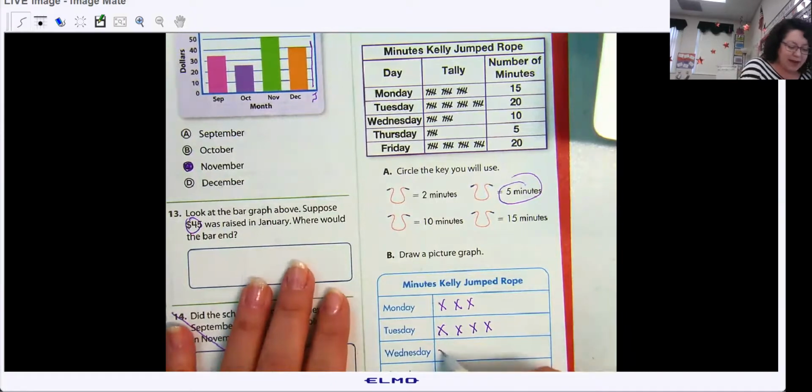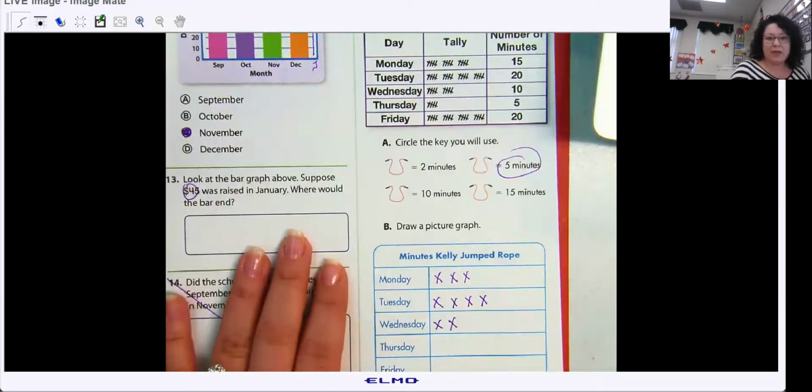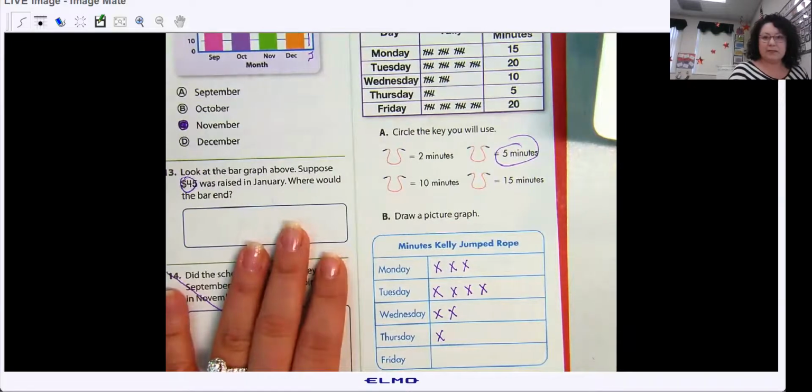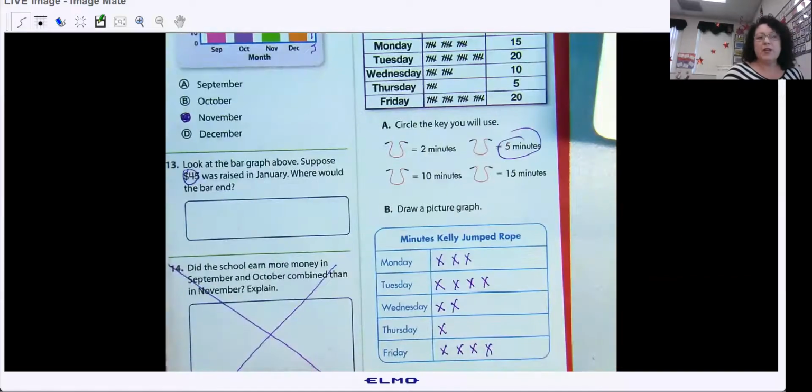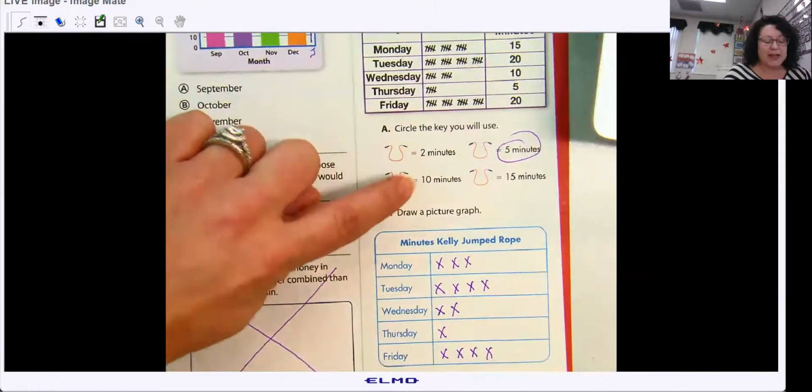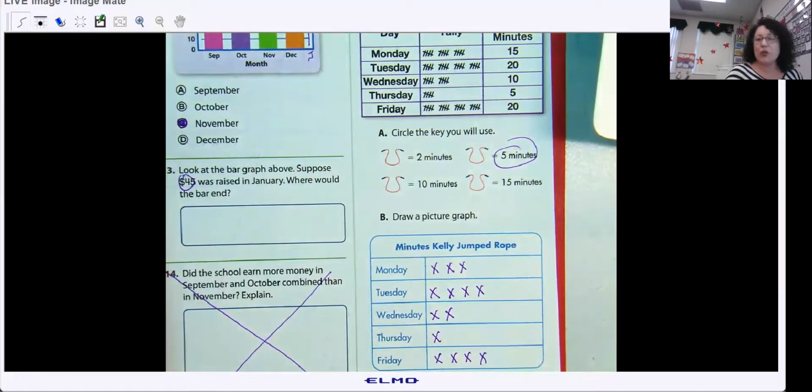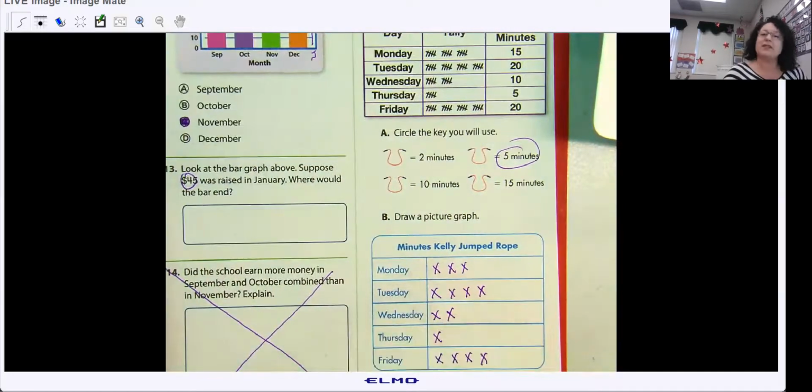Wednesday is 10, 5, 10. Thursday is 5. And Friday is 20. 5, 10, 15, 20. You could have chosen by 2 or by 10, that's fine. It says circle the key that you will use. That one makes the most sense in my brain.